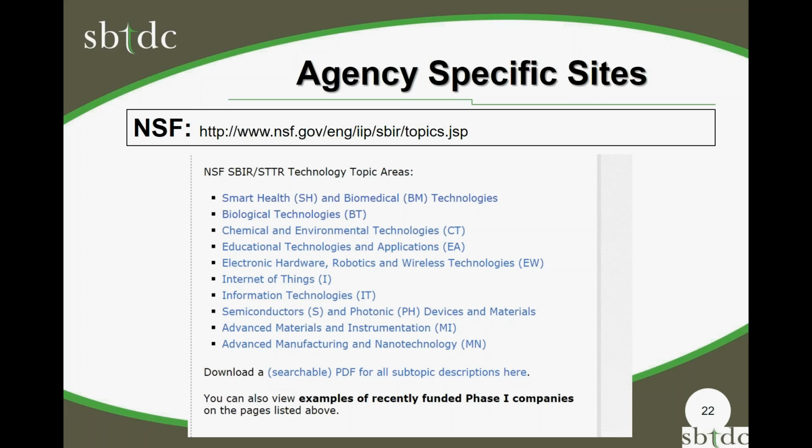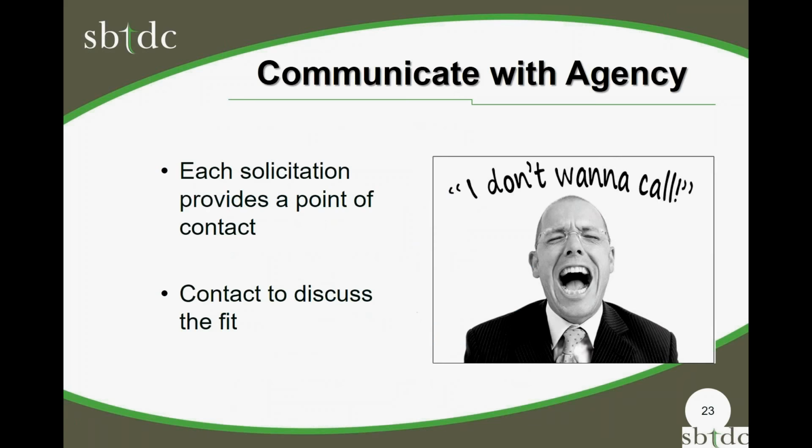So very specific and very general solicitations are something that you're going to come across as you do your initial searches. Once you've narrowed down and drilled down into one or two or three of the agencies and have identified some specific topics, you've identified which institute or directorate or branch of DoD, for example, that those topics live in, the next step is for you to communicate with the program manager.